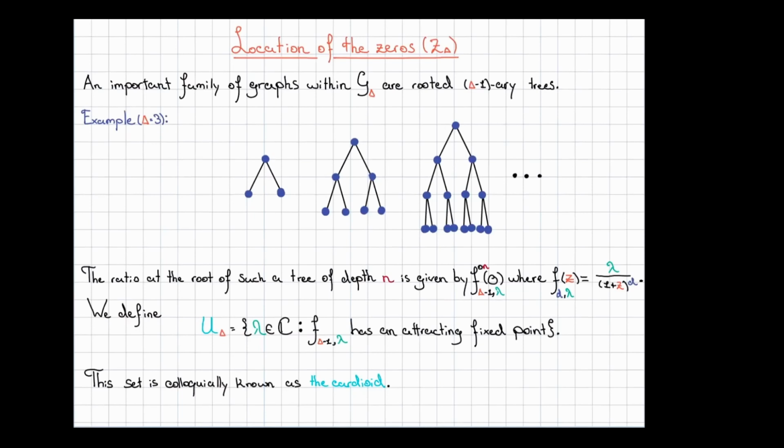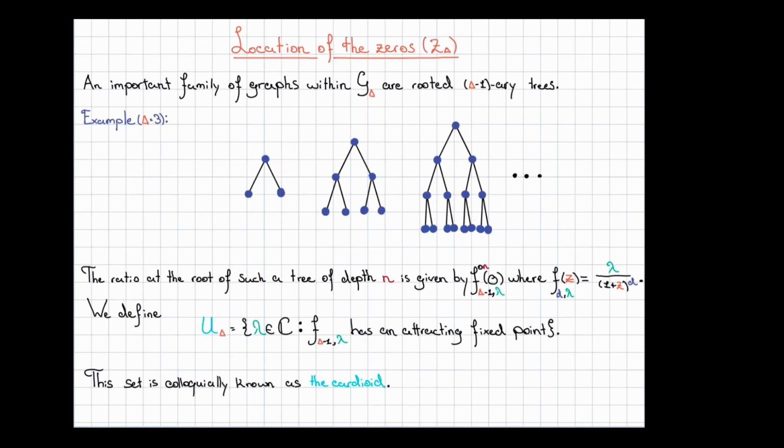Now that we've looked at zeros, I've hopefully motivated that zeros of the set of bounded degree graphs are interesting. I haven't really spent time yet on where these zeros are in the complex plane. There's an important family of graphs in the bounded degree graphs, which is this iterated set of trees where the down degree is the same everywhere and the depth is the same everywhere.